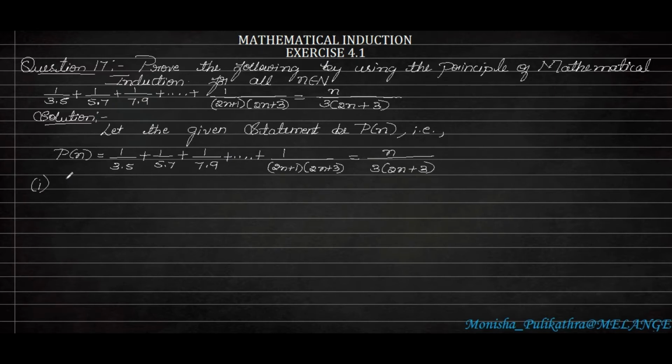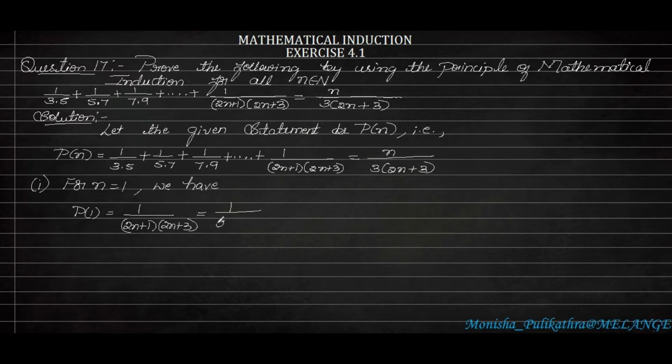Next is the first step. In the first step you have to take n is equal to 1. That is, in the place of n we have to substitute 1. So P of n will become P of 1. Instead of the whole series, you can take the last term of the series, that is 1 by (2n plus 1) into (2n plus 3). In the place of n, substitute 1.